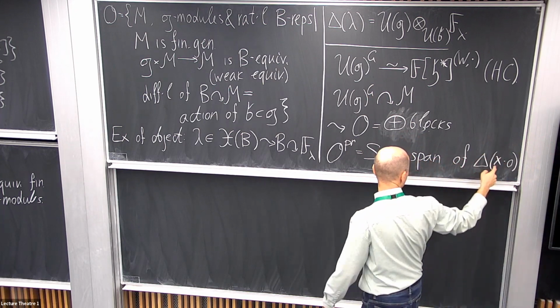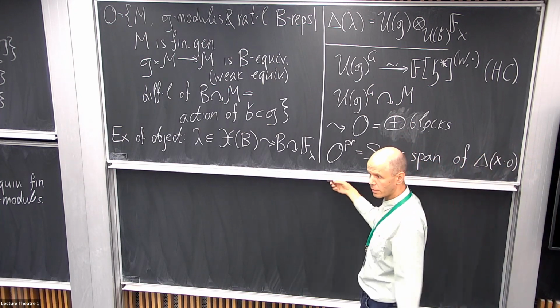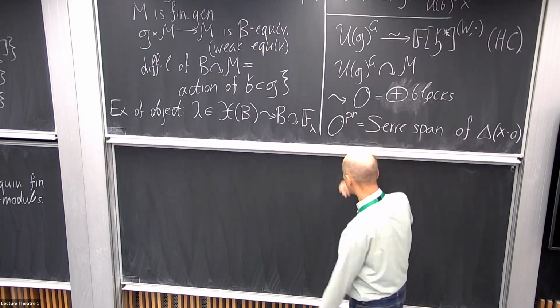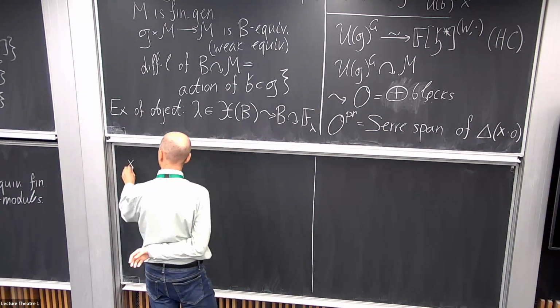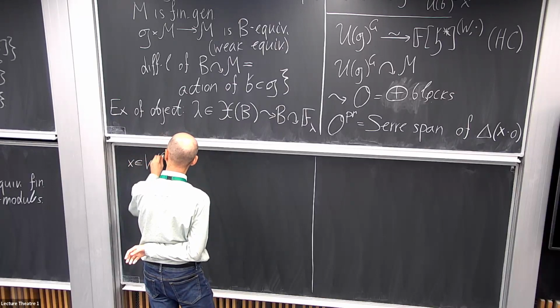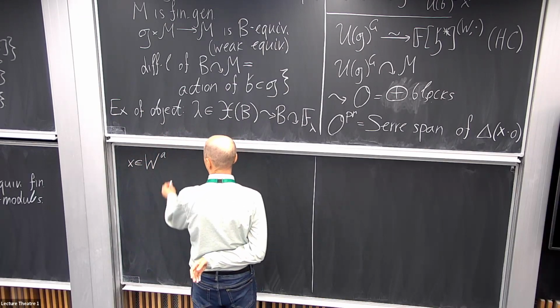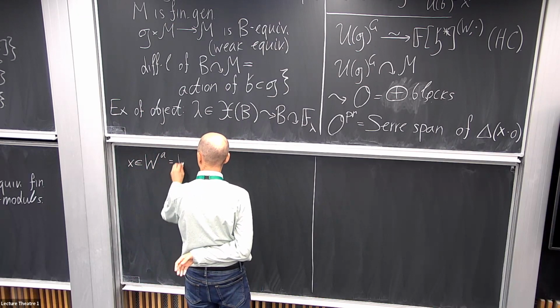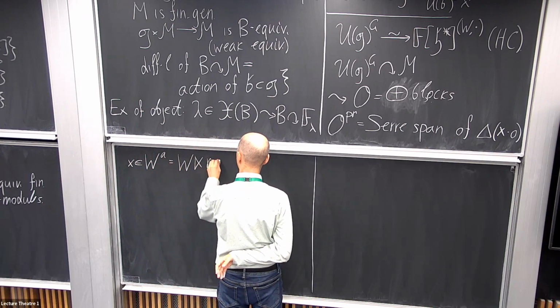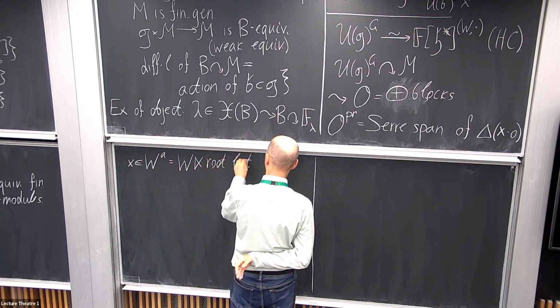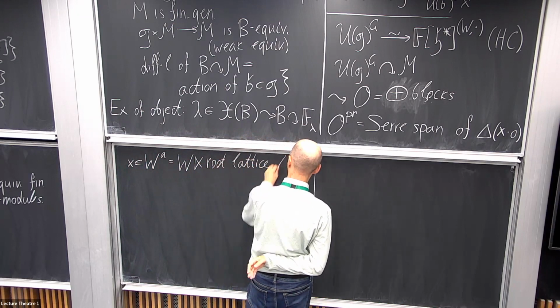Verma modules with highest weight x dot 0, and I need to explain what x is. So x runs over the affine Weyl group. Well, W affine is W semi-direct with the root lattice Lambda.